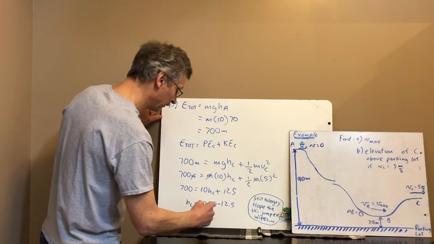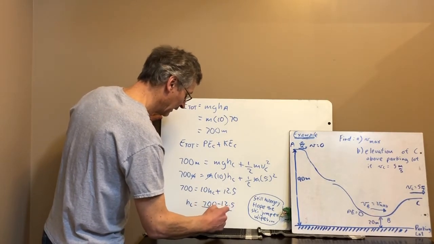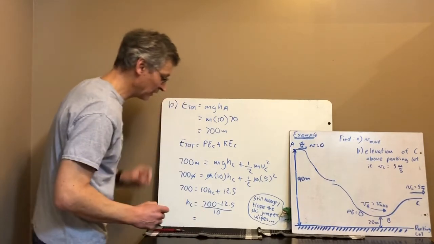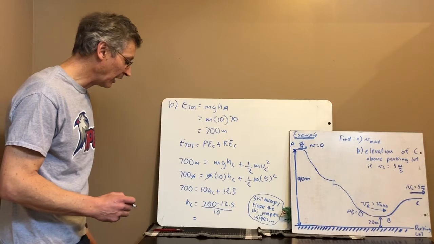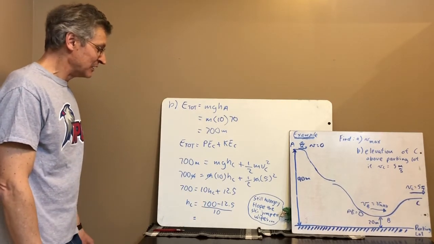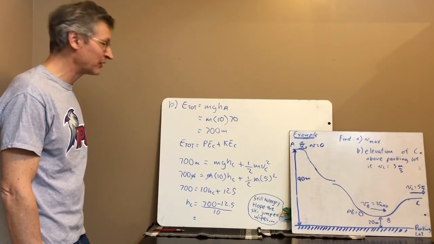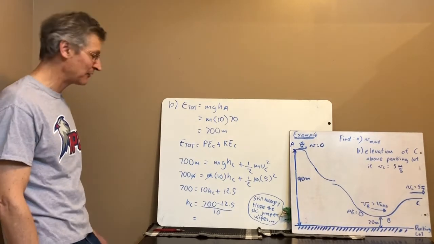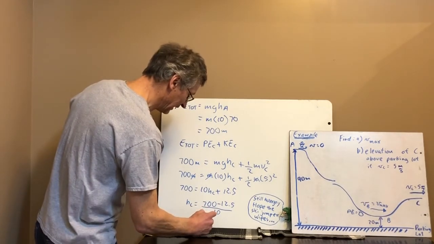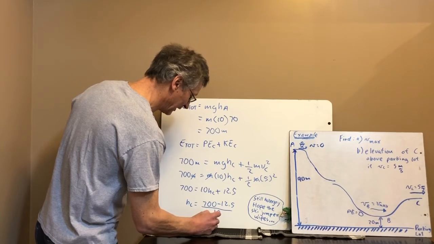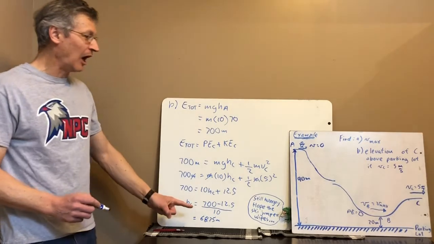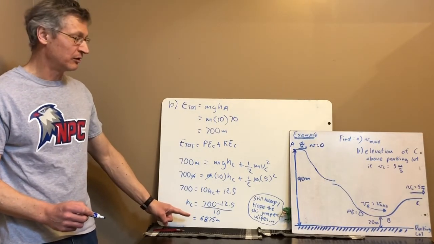Take the 10 over to the other side, and it goes down to the bottom. 700 take away 12 and a half, that's 687 and a half. 687 and a half divided by 10 is going to be 68.75 meters. Okay. Is that our answer?